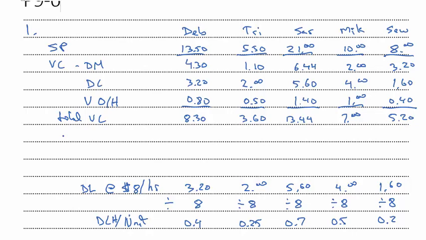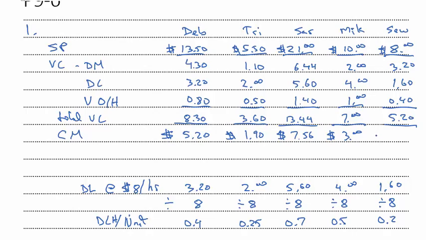Okay, so then we've got contribution margin now, which is really what we're driving at here, or the first half of what we're driving at anyway. So contribution margin, selling price minus variable cost. Contribution margin is $5.20, $1.90, $7.56, $3, and $2.80.